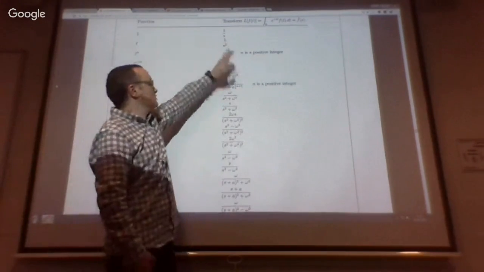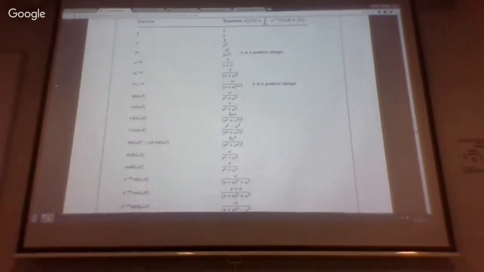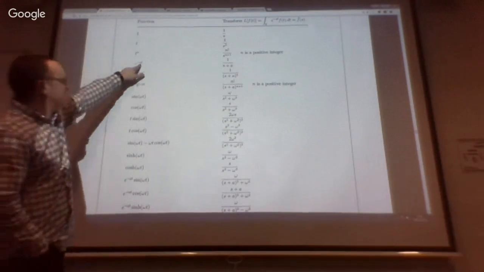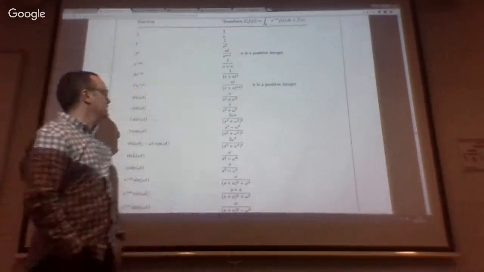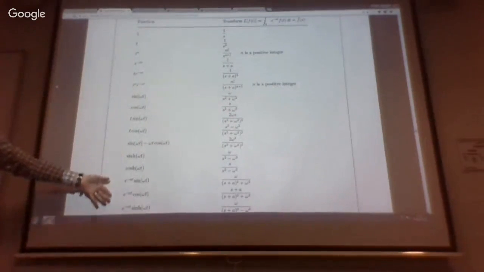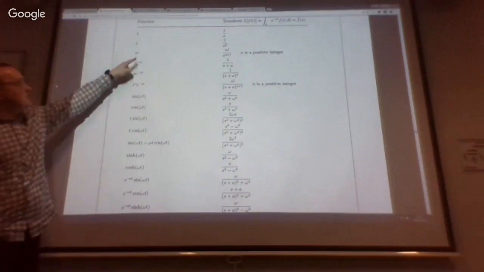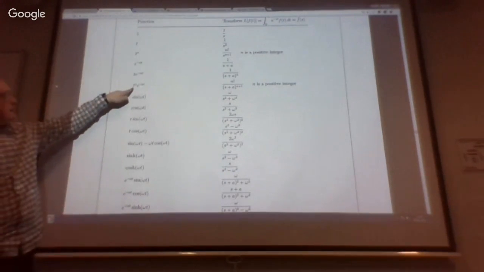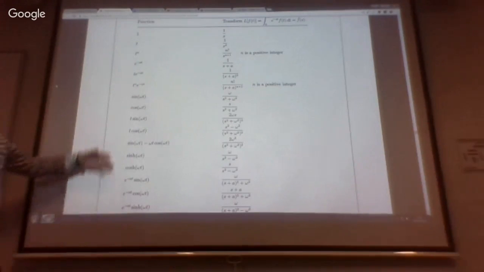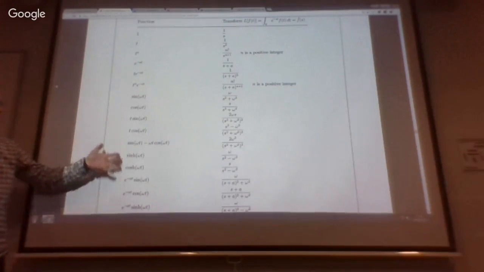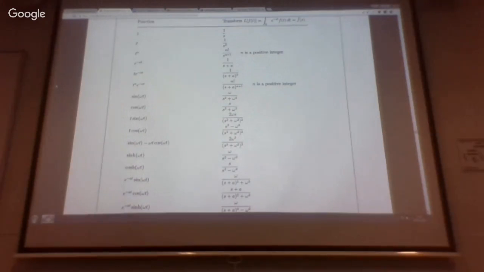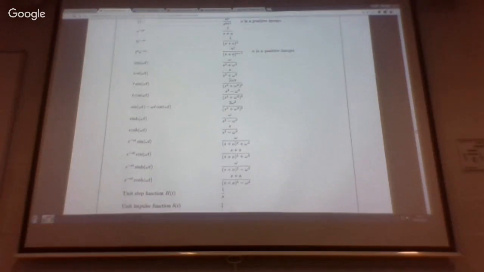Laplace transform of t is 1 over s squared. We've seen the Laplace transform of e to the minus at is 1 over s plus a. And the rest of the entries here is just a whole family of standard functions. Other powers of t, products of powers of t in an exponential, sines and cosines, hyperbolic sines and cosines, and all of their neatly calculated and prepared Laplace transforms.